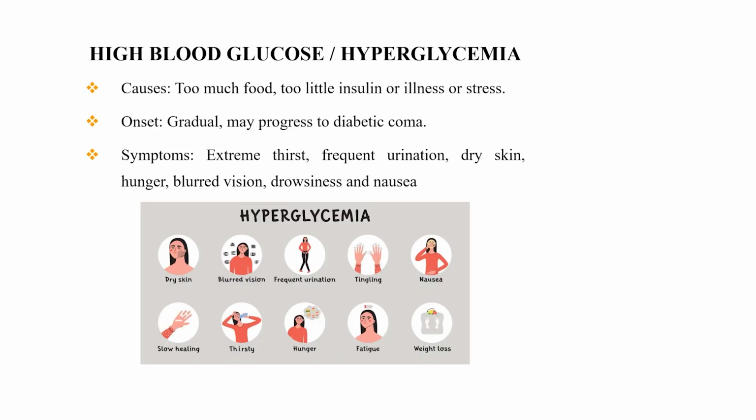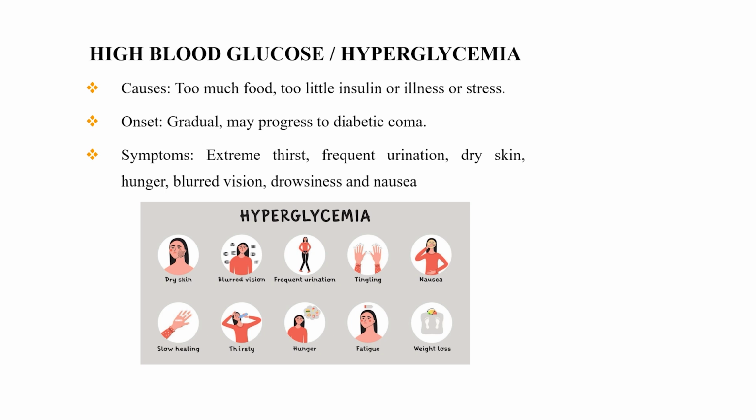So two parts are there: hyperglycemia and hypoglycemia. Initially I explained that alpha and beta cells are controlled by a negative feedback mechanism. So sometimes there may be a very small amount of glucose, or sometimes an excess amount of glucose. Considering a high blood glucose level, the condition is called hyperglycemia.